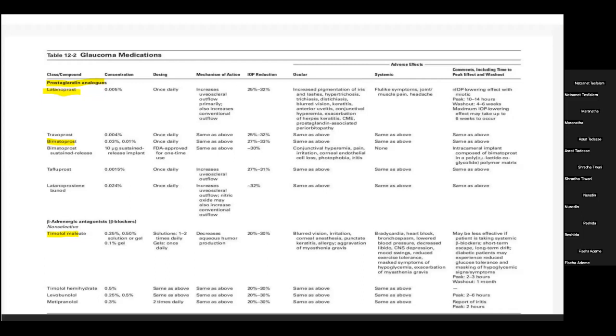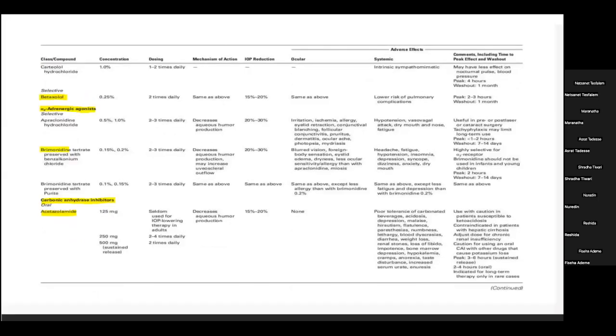Just to keep in mind, in children we want to avoid drugs like Alphagan, and in pregnant women we want to avoid certain drugs, and also in uveitis, sometimes we want to avoid prostaglandin analogs, like latanoprost, for the risk of developing uveitis.